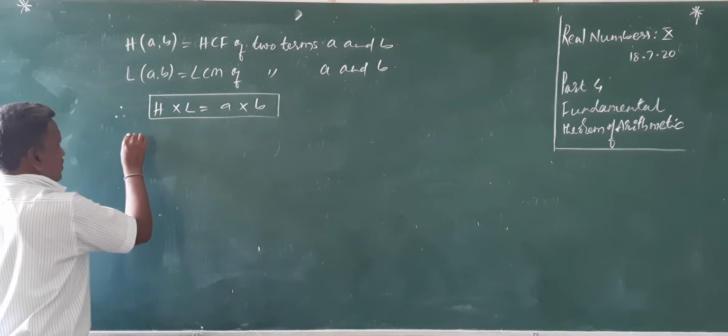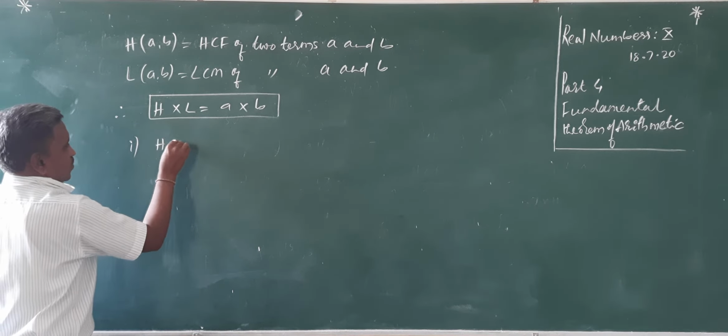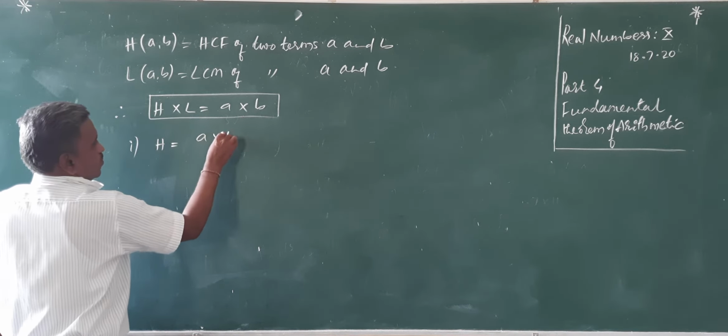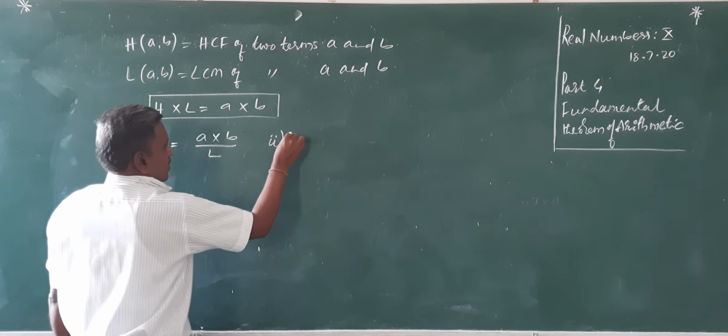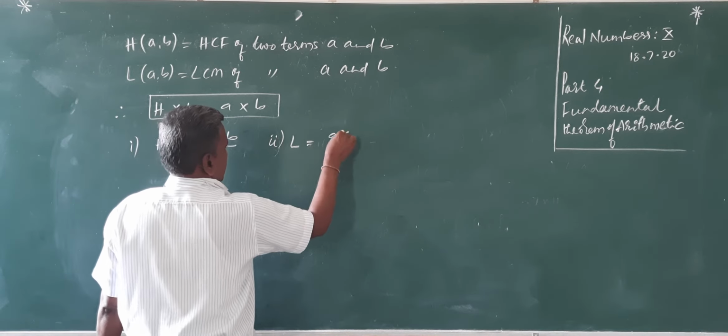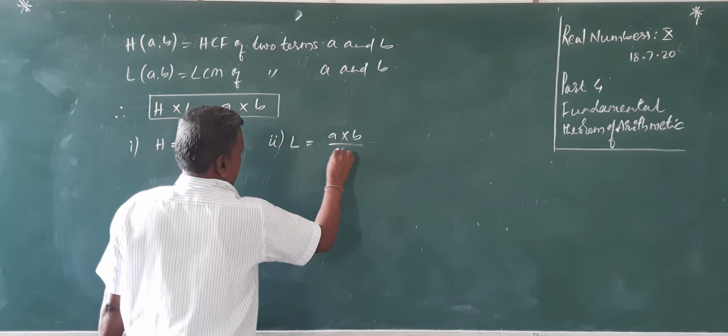Yes, from this you can understand that H is equal to A into B divided by L. Secondly, LCM equal to A into B divided by HCF.